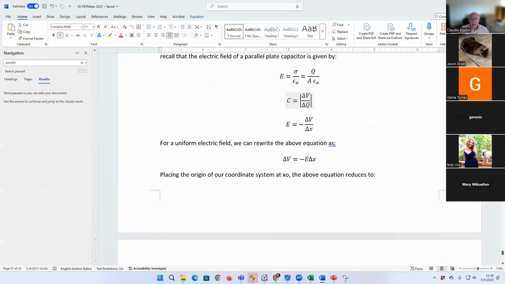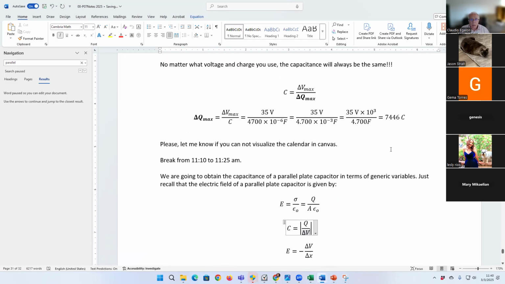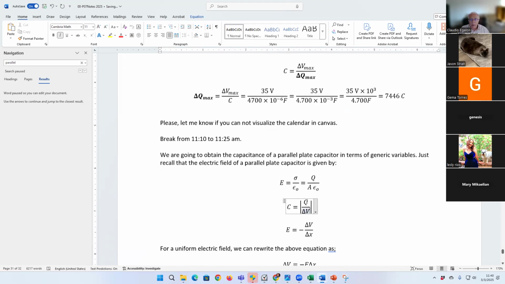I was doing the Q over delta V. And we have to correct everything else there. Let's see if you have, yeah, here you go. Q over delta V. Oh, that's why I got such a large number, okay?